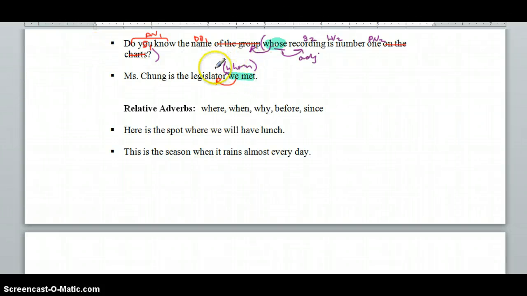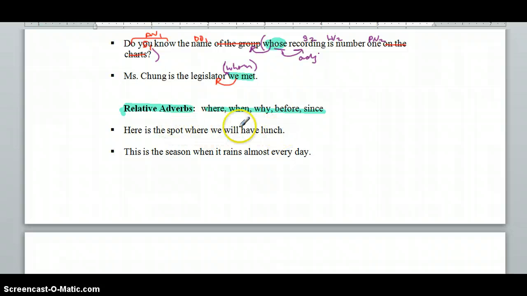Just like we talked about, the word that can be left off, sometimes those relative pronouns can also be left off. Now we can also introduce adjective clauses with relative adverbs: where, when, why, since, before. So don't assume that those words are automatically going to point to an adverb clause. You still have to look at what the function is in the sentence.